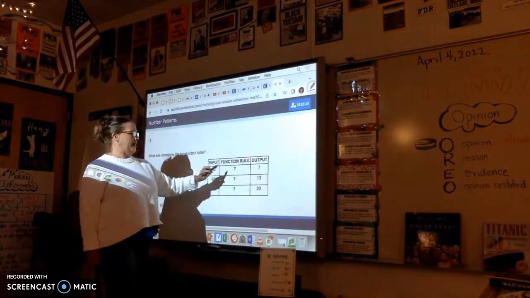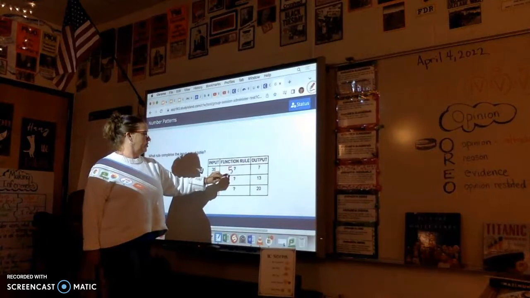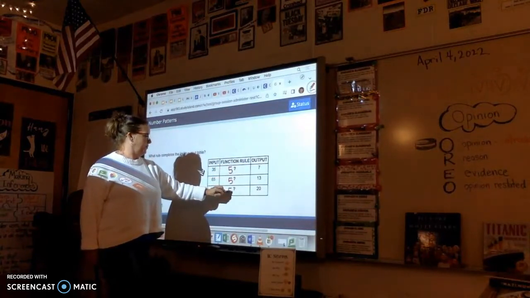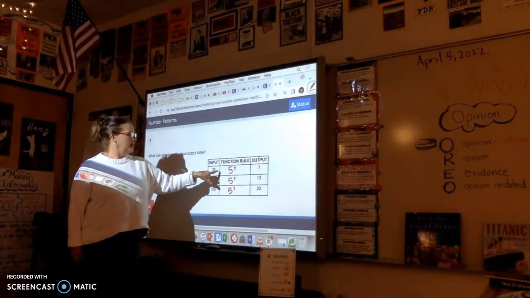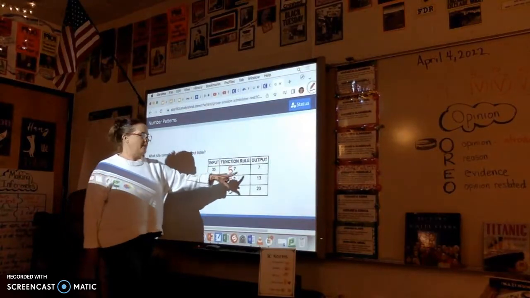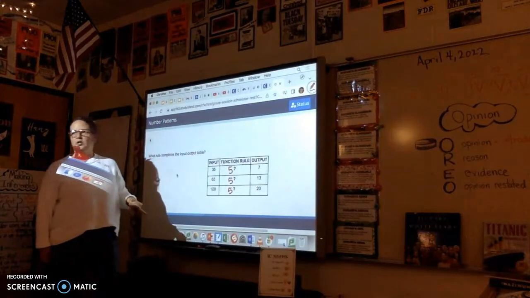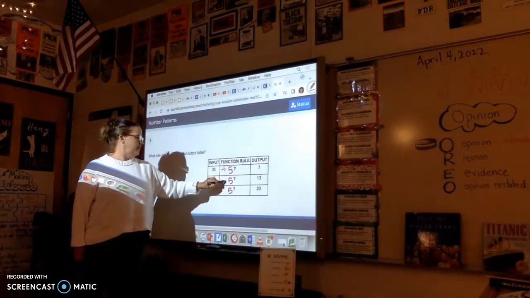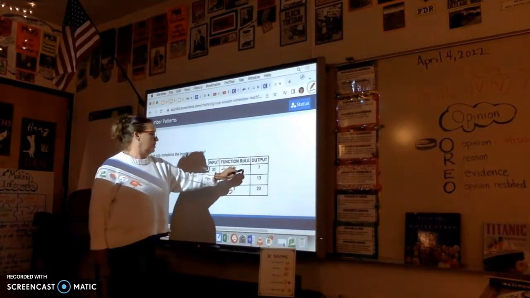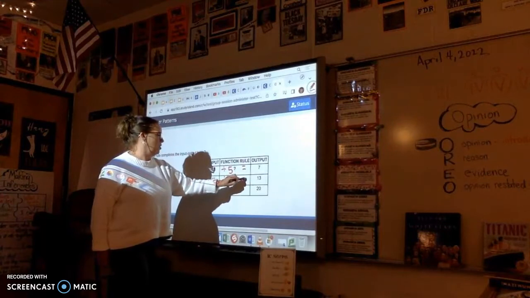Right here we said 5, right? But what we're looking for is this number. What by 5 equals 7? What are we looking for? Divided by. Okay, divided by 5. So it's divide by 5.